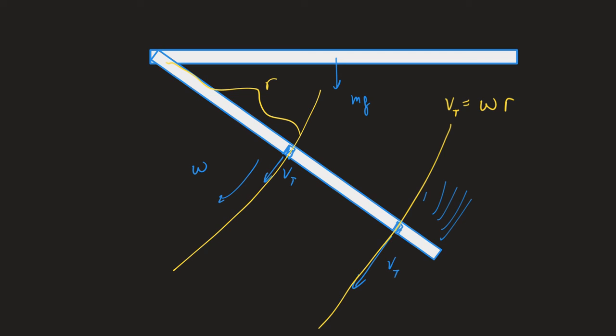But remember, this entire object has no translational velocity. The translational kinetic energy for this object would be considered 0 because there is a fixed pivot point that does not move with respect to the object. So although it has a rotational kinetic energy, it does not have a translational kinetic energy.